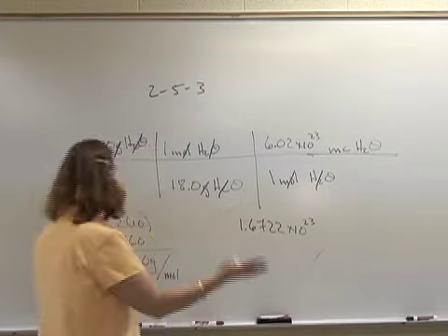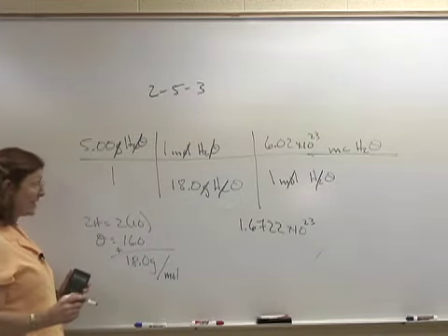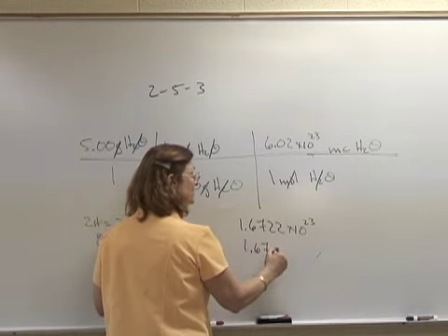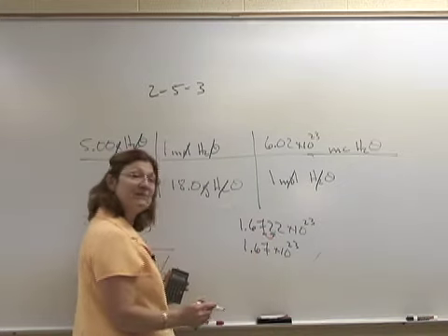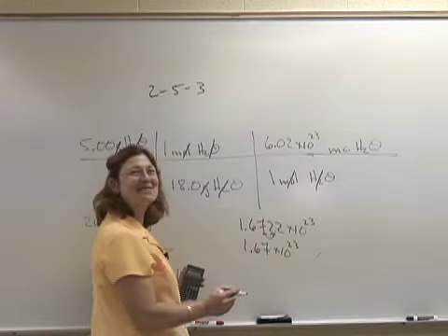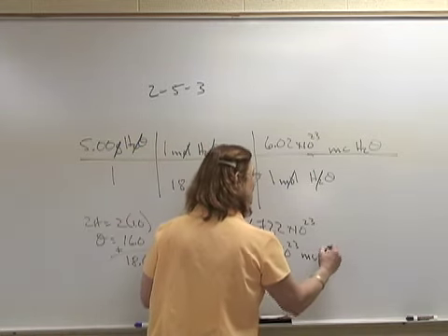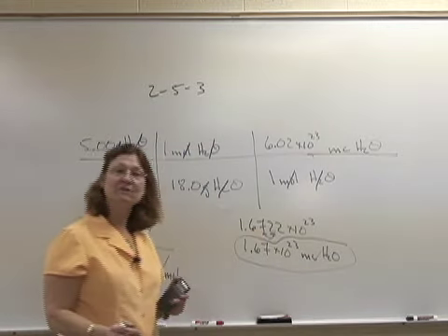Now, I look back at my original number and I have 3 significant digits. So my answer should have 3 significant digits. 1.67 times 10 to the 23rd. This 2 does not round that 7 up. Did you get that? So there we have molecules of water, and that would be my final answer.